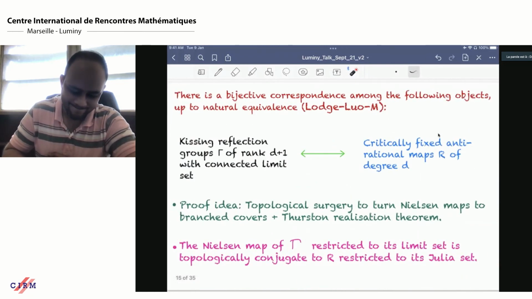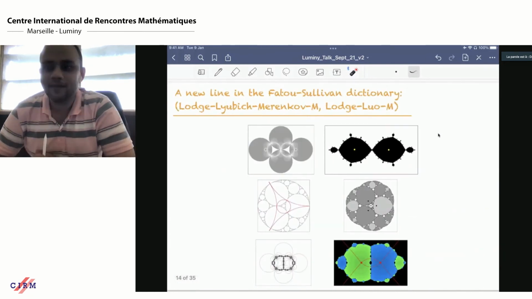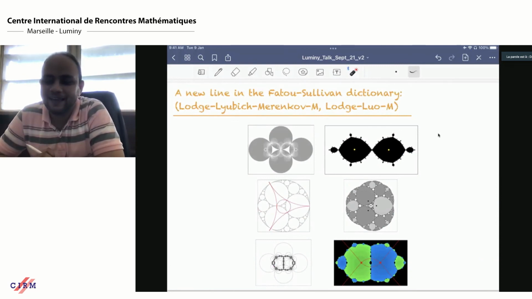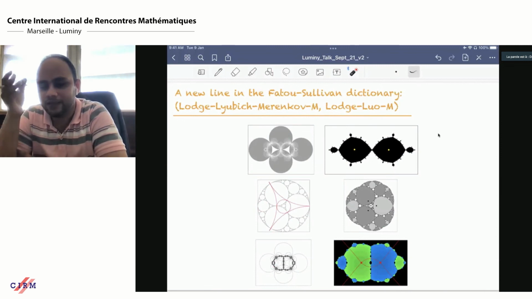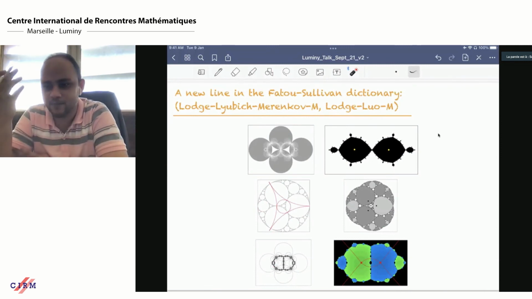I have to check the precise statement, but from their work it follows that the conformal dimension of the Apollonian gasket is 1. That's what Instant told me the other day. I asked him, and he said he was almost sure, so I didn't want to quote him.